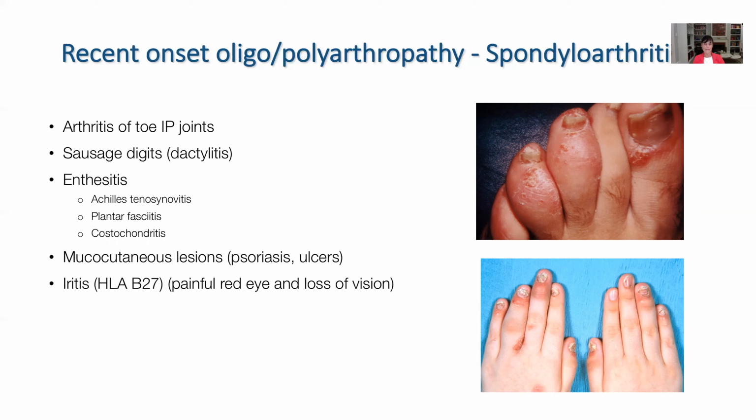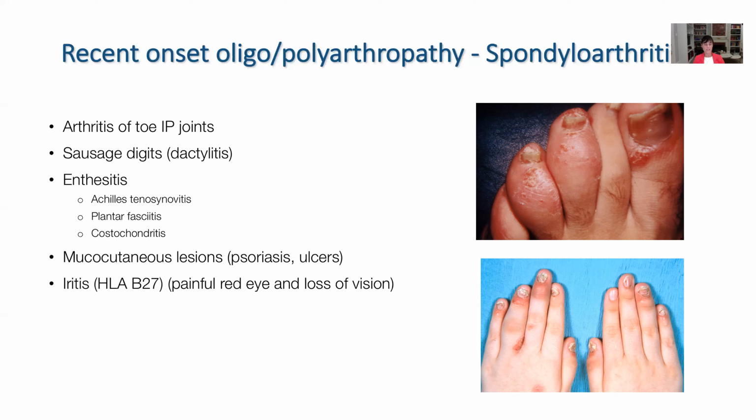So in a patient who has spinal involvement, they have a much higher prevalence of HLA-B27 than the otherwise healthy population, in which it is present in about 9 to 10%, whereas in spondyloarthritis, it may be present in up to 90% of people with ankylosing spondylitis, 70% of people with psoriatic arthritis with axial involvement, and 50% of people with reactive arthritis and axial involvement.